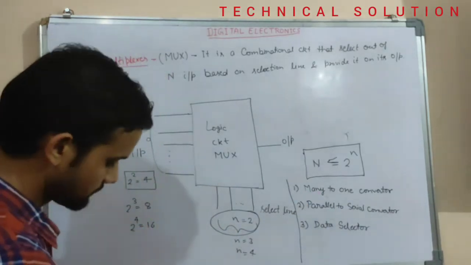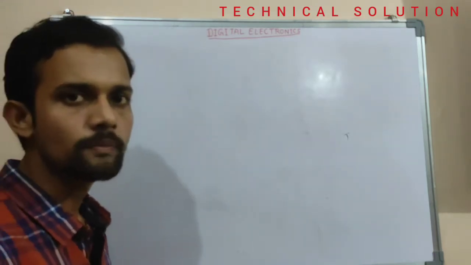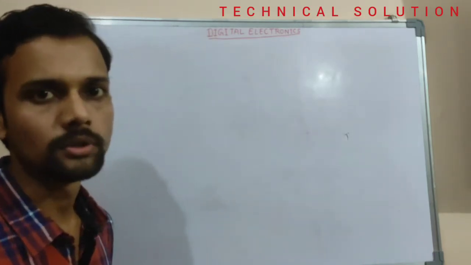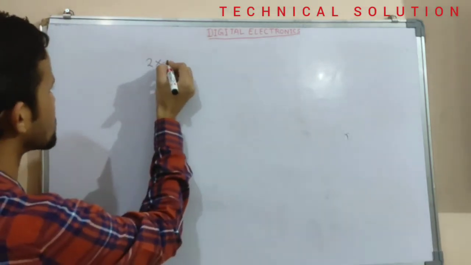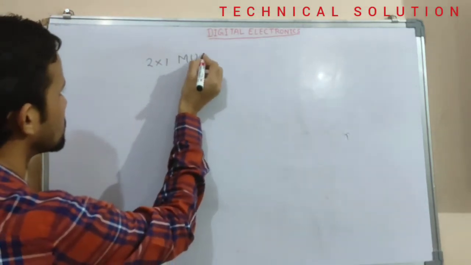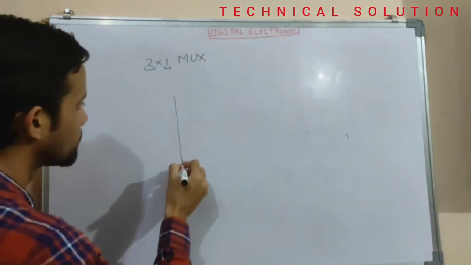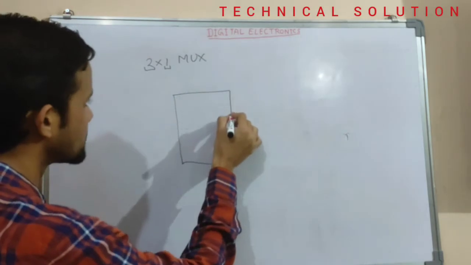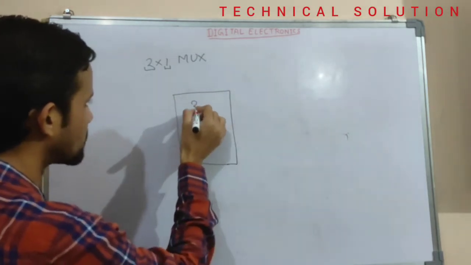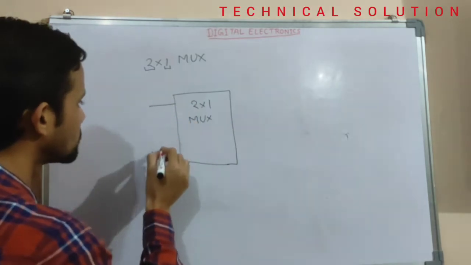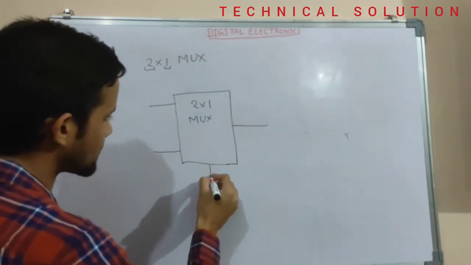Let us first understand how the selection line is used to pass the input towards the output. So let us start with the very basic multiplexer, that is the 2 cross 1 MUX, in which 2 is the number of inputs and 1 is the output. This is the basic structure of the 2 cross 1 MUX, with 2 inputs and 1 output, and this is the selection line.